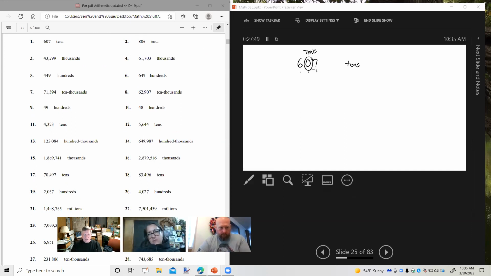The next thing we do is go just one digit to the right, not two or three, just one digit to the right of the column. So now we're looking at the 7. If the number in that column is a 5 or larger, we're going to round up. If it is a 4 or smaller, we're going to round down.